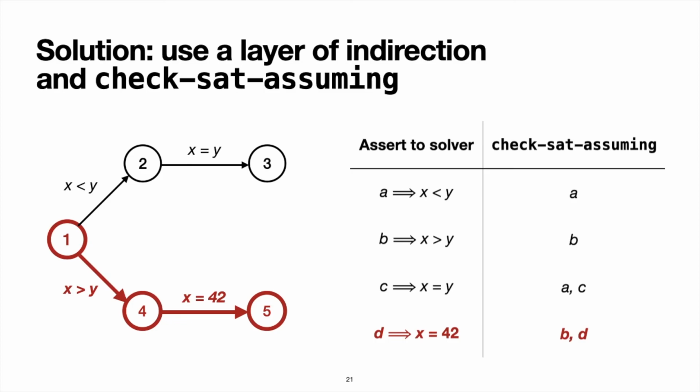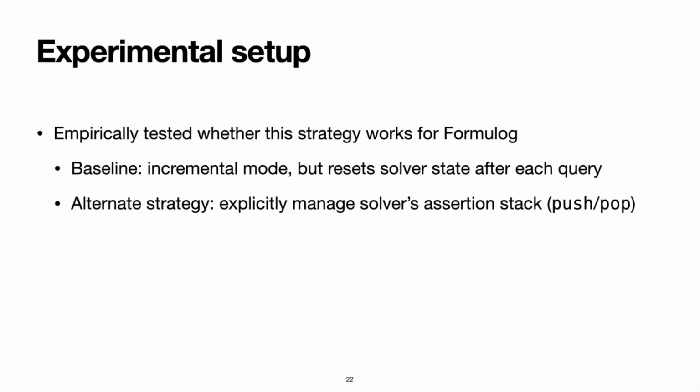We wanted to test whether this strategy works for Formulog in practice, and so we compared it against a baseline strategy that uses no incremental solving and an alternate strategy that uses the SMT-LIB push and pop commands.